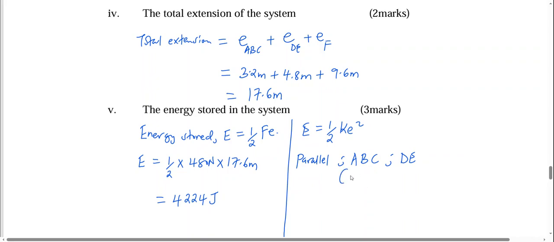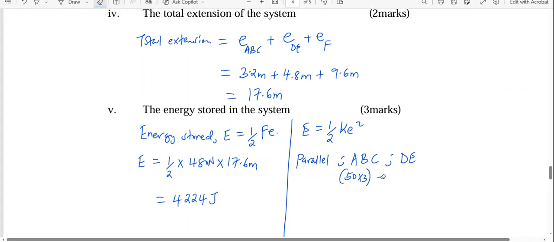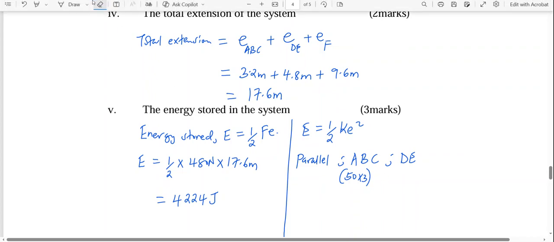Therefore, for these springs, we had 3 of them, taking the spring constant 50 times 3, which gives us 150.